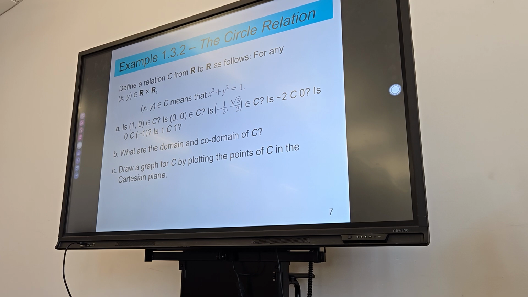Here's where they start using duplicate symbols again. Define a relation C from real numbers to real numbers as follows. For any (x, y) that is an element of the Cartesian product of two real numbers, (x, y) is in C means that x squared plus y squared equals 1.